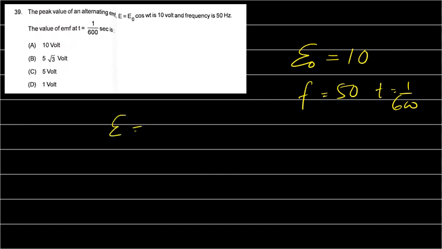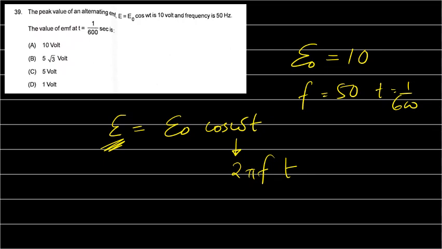If you read this question, it is clearly mentioned that E naught, the peak, is 10, the frequency is 50, and the time is 1 by 600. We need to calculate this EMF. So this is E naught cos omega t. If we expand omega, this is 2 pi f t.